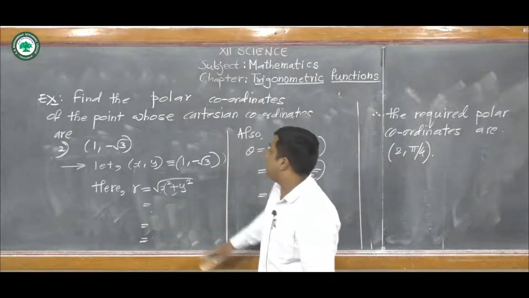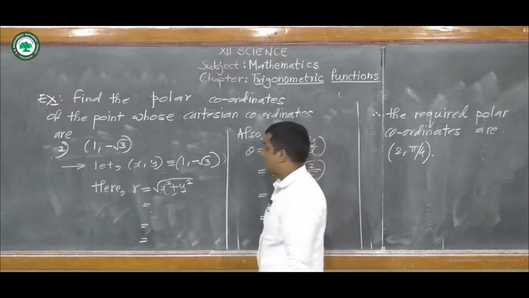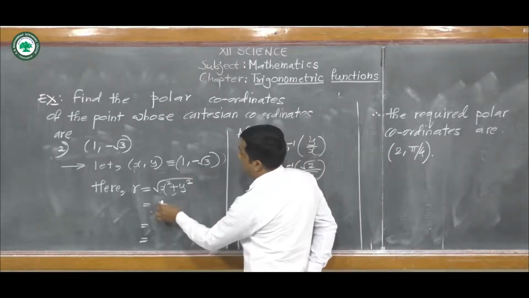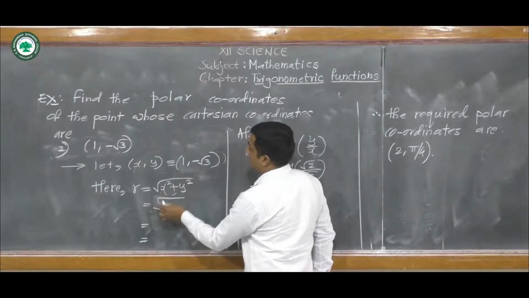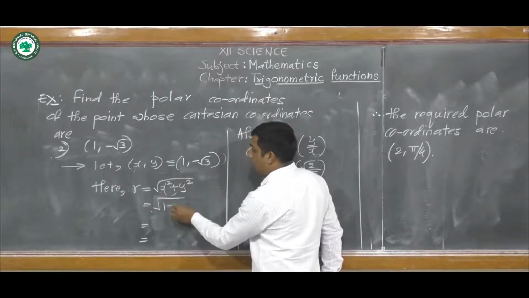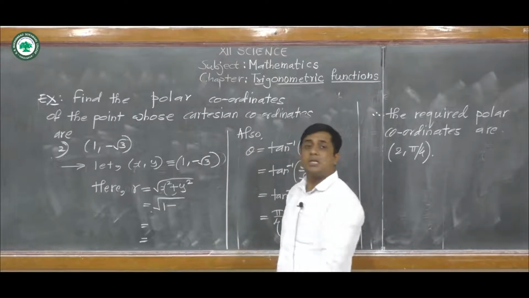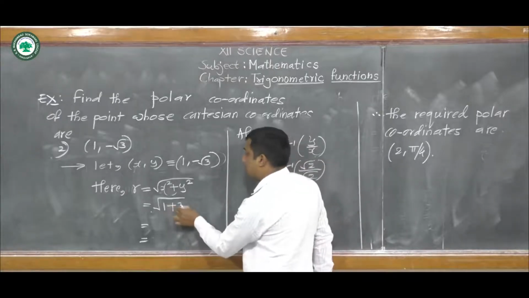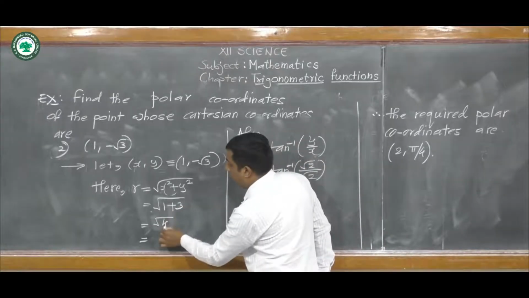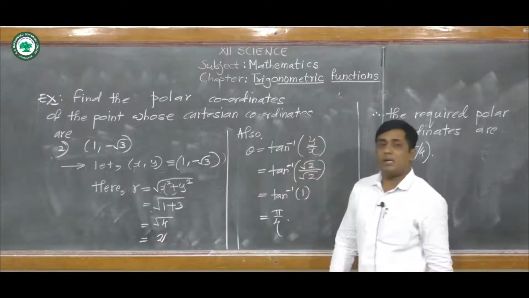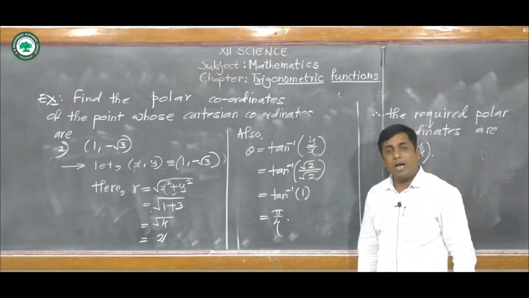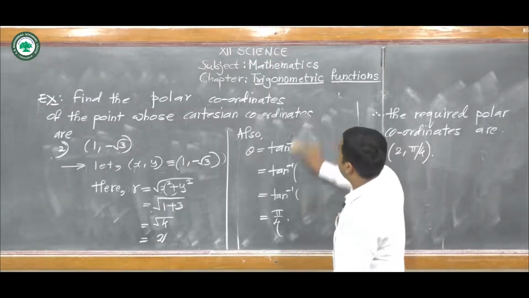For r we consider square root of x square plus y square. So square root of, we know x is 1, so 1 square is 1. We know y is minus root 3, so y square is 3, and we get root 4, and we know root 4 is 2. Now we have to find theta.